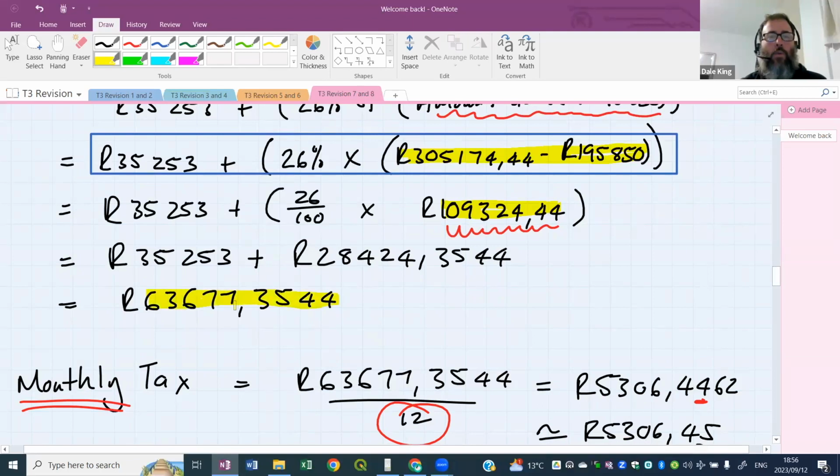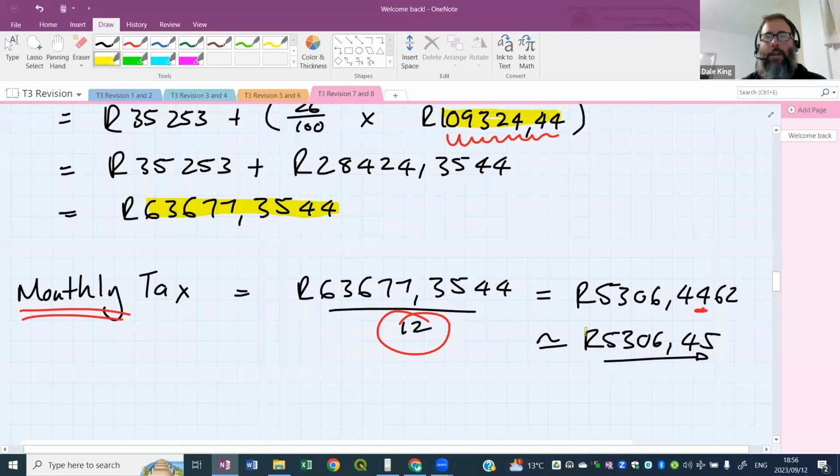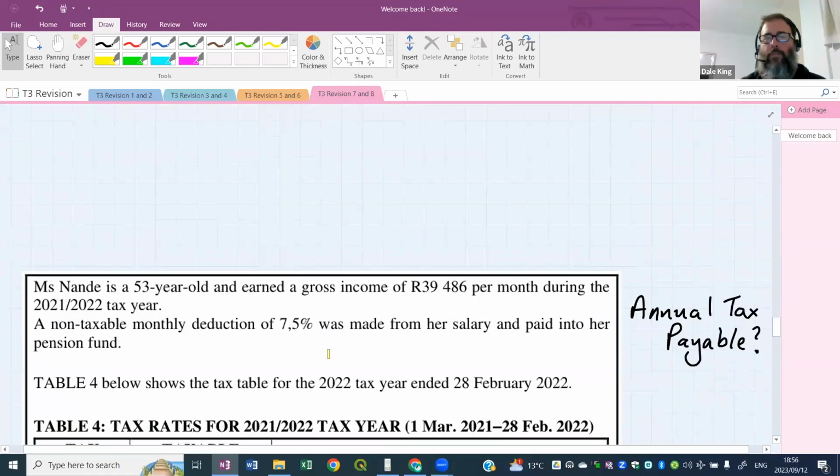But they want monthly. This is how much you pay in 1 year. So for monthly, we're going to have to cut that up and divide it by 12 to get a monthly figure. So that's why we divide by 12, because they wanted monthly when the tax table works with annual values. So in the end, you've got to divide by 12 for monthly. Does that make sense?